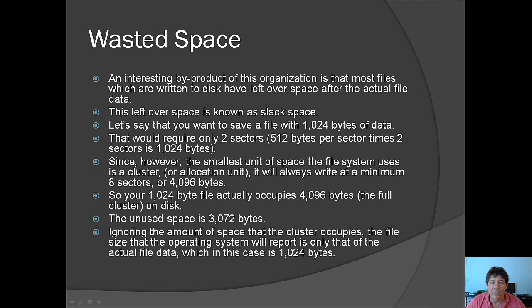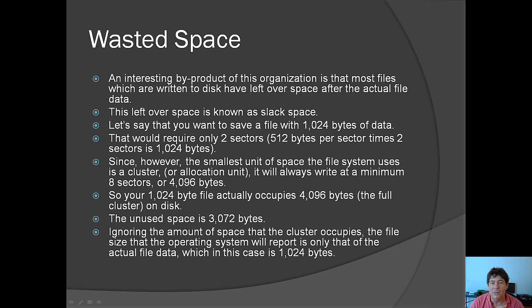But let's say you want to save a file with 1024 bytes of data. That's only 2 sectors. 512 bytes per sector times 2 is 1024. So now you've got this entire cluster allocated on disk, but you've only actually written 2 sectors. So now you've got a ton of leftover space at the end.